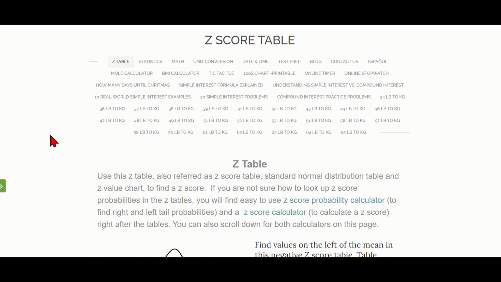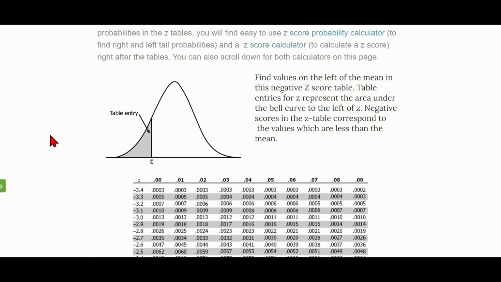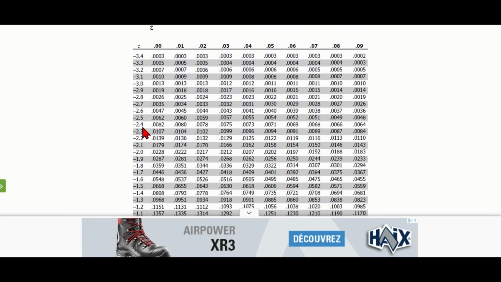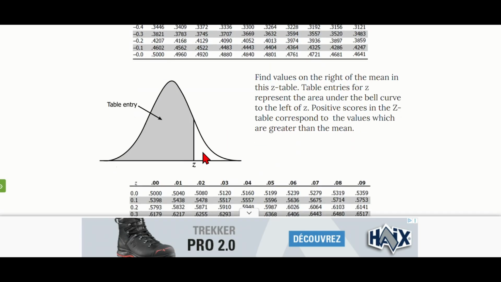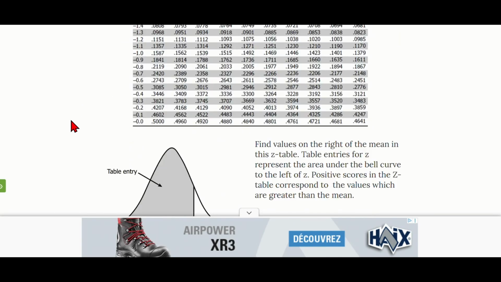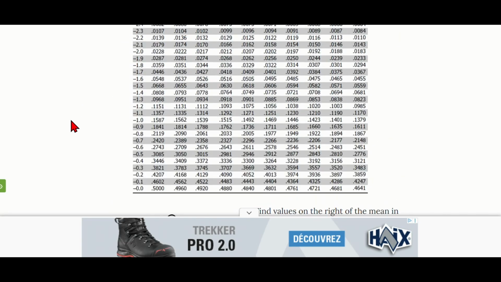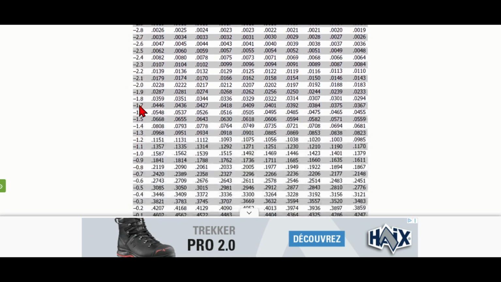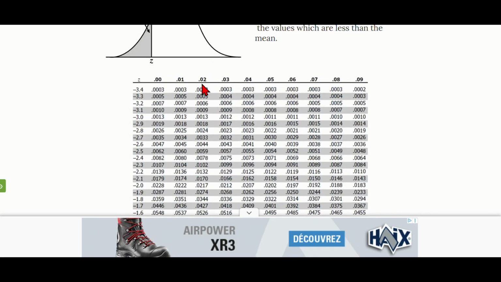On this website, you're going to find two Z tables, one that shows probabilities associated with negative Z scores, and a second that shows probabilities associated with positive Z scores. In our example, the first Z score was negative 1.33. So we look at the first column, column Z, and scroll down to row negative 1.3. The other columns represent the second digit after the decimal point.